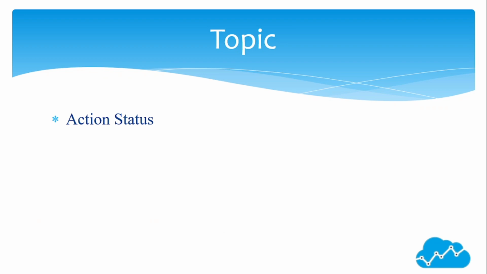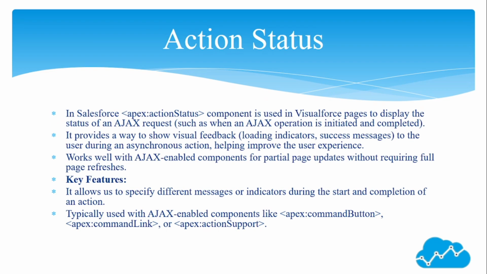Topic what we are going to cover in this session, that is action status. In Salesforce, the apex:actionStatus component is used in Visualforce pages to display the status of an AJAX request, such as when an AJAX operation is initiated and completed.